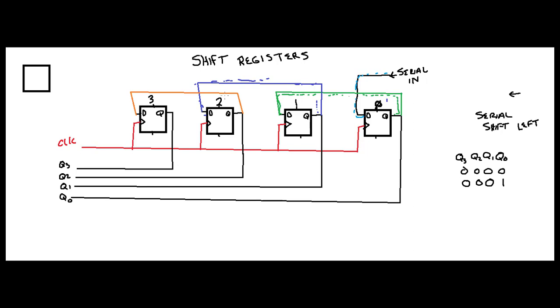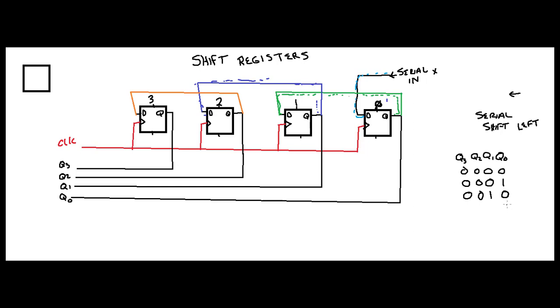Now suppose the rest of the serial in coming from up here are all zeros. So you clock it again, one clock pulse. What's going to happen? Well, you're going to have a 0 coming in. The 1 is going to populate to Q1. What was in Q1 is going to go to Q2. What was in Q2 is going to go to Q3. And it just progressed. It's progressing to the left, as you can see.